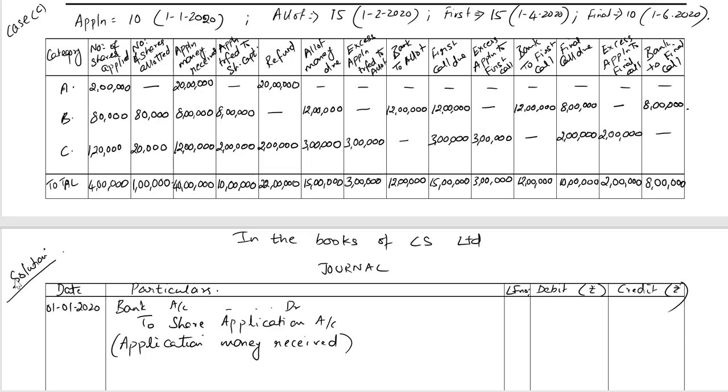The amount of application money received is the total of the 4th column, 40 lakh rupees.